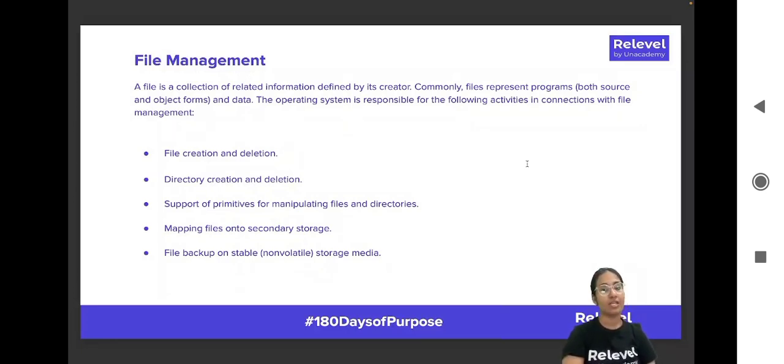Now, the operating system is responsible for the following activities related to file management. The operating system takes care of the creation and deletion of files.